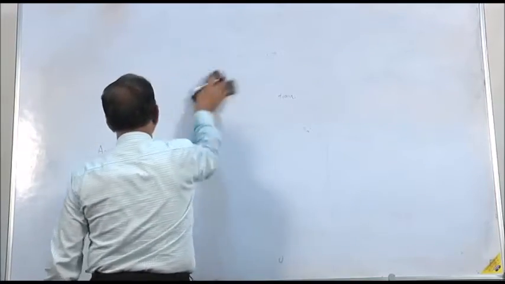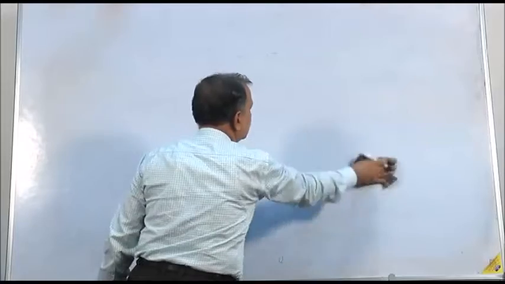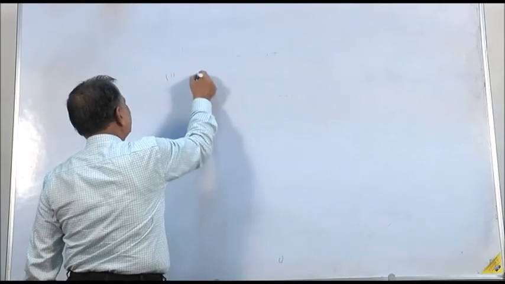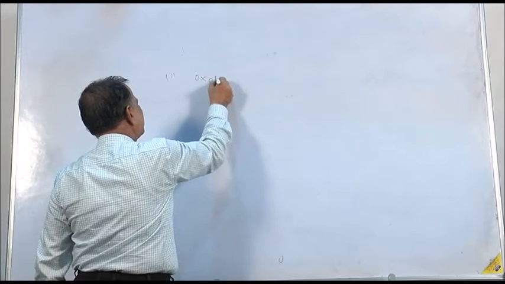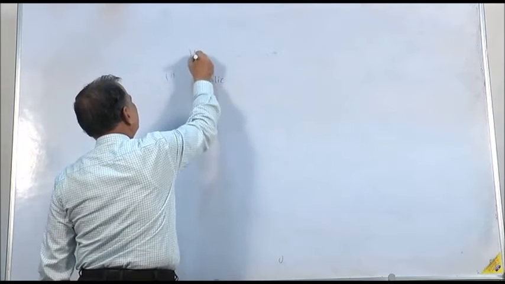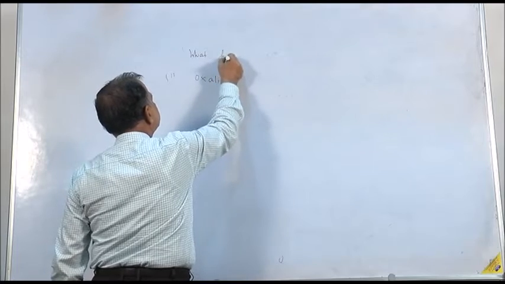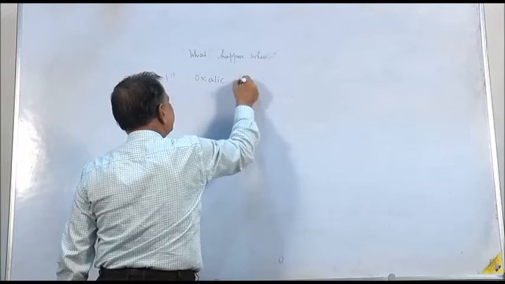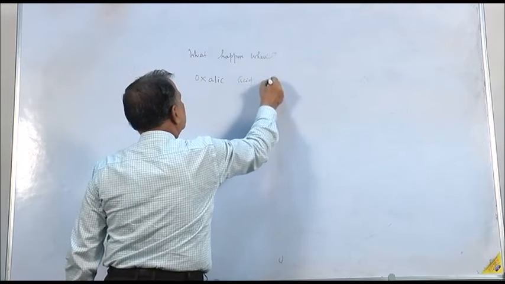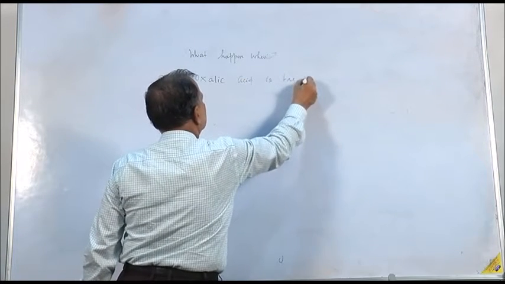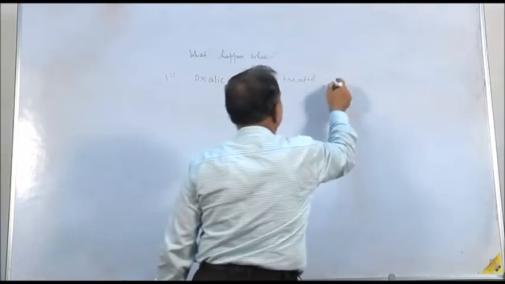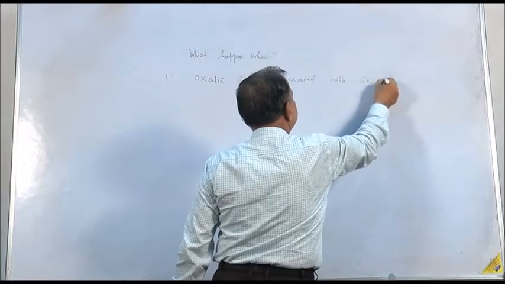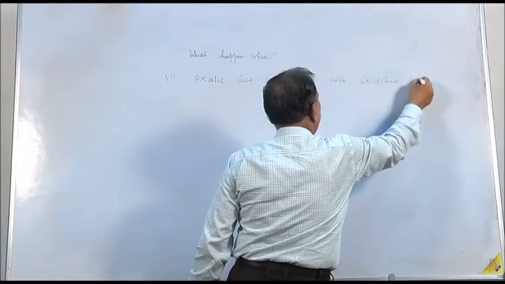Suppose oxalic acid is treated, number 1. Question: what happens when oxalic acid is treated with acidified potassium permanganate?